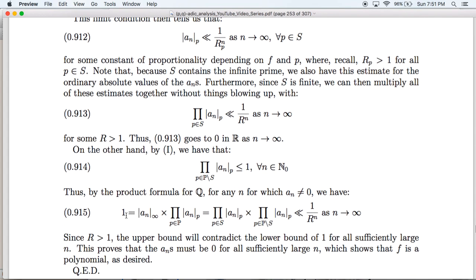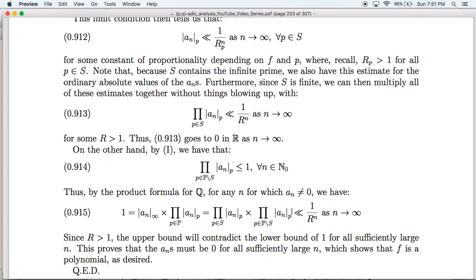Now we appeal to the product formula. 1 is equal to the real absolute value of a_n times the product of the a_n's p-adic absolute values over all primes p. This is the product over all the primes in S times the product over all the primes not in S. This is then bounded by 1 over R to the n, and the remaining factor is bounded by 1, and so as n goes to infinity, this decays.